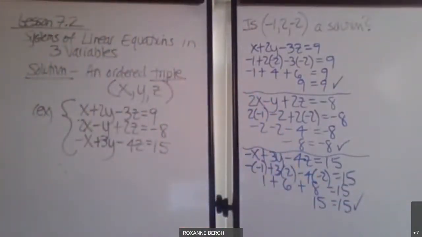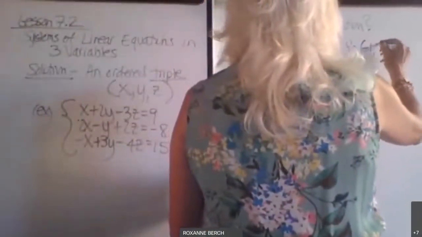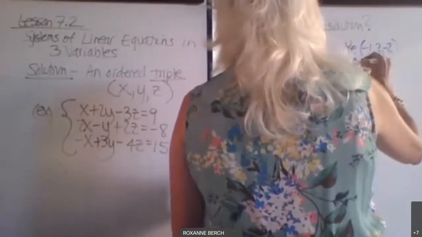Did you get the third one to work? Yeah. So yes, -1, 2, -2 is a solution to the system.